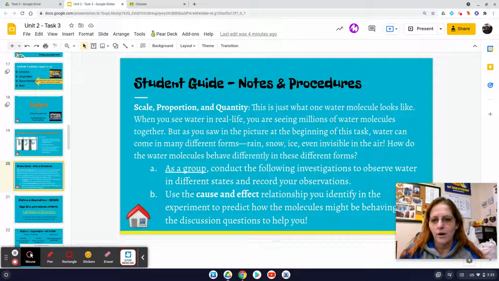So there's lots and lots. How do those behave? We're going to record your observations. That's what scientists do. And then think about cause and effect relationships to identify the experiment and predict how the molecules behave based on the factors that we put into place.